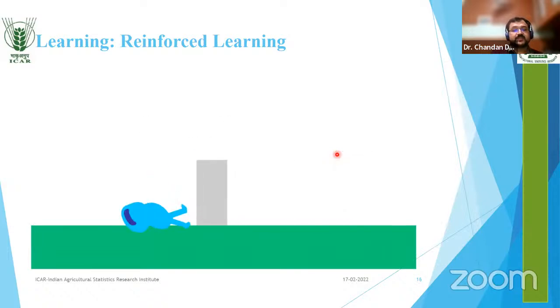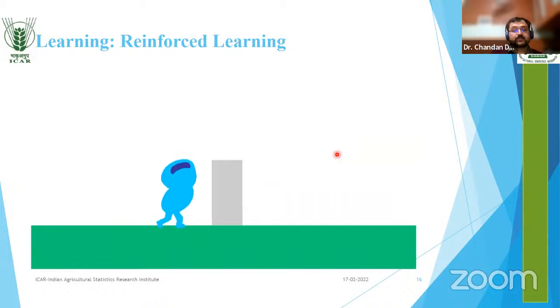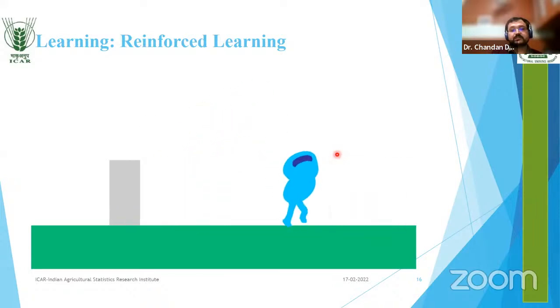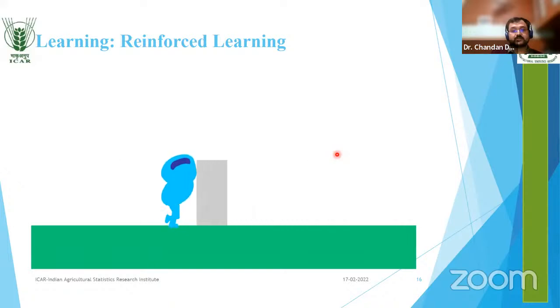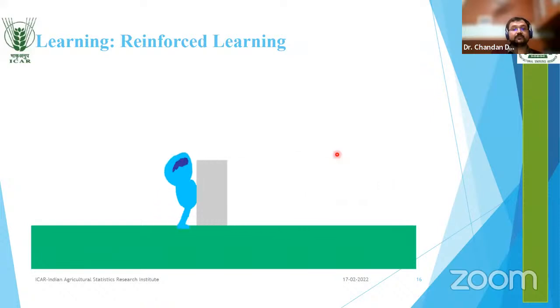So this animation can be used for reinforcement learning. Suppose this agent collides with this beam, and it gets a negative reward. Then automatically it will try to jump whenever it encounters the beam.